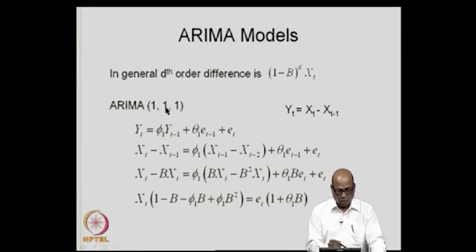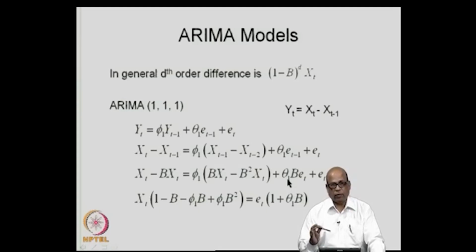If you had an order 2, first you reconstitute the series y t by taking the second order difference, and then you write the ARIMA model on the difference series that you obtain. So, first you carry out the differencing and then write the ARIMA model on the difference series.